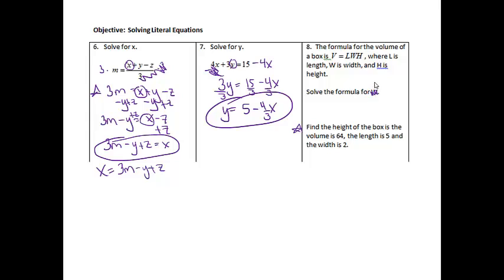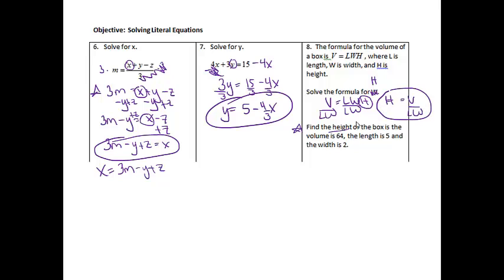Let's solve for H instead, because this one says to find the height. So V equals LWH. If I want to solve for H, let's circle the H. Sitting right next to it are the L and the W, and they're multiplied. So to get rid of the L and the W, we'll just divide both sides by L and W. So I'll end up getting H equals V over LW.